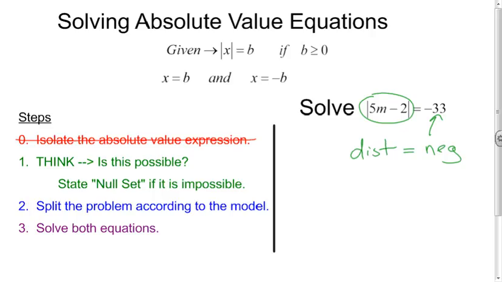And we know that this is false. So quite frankly, m is the null set. There is, in fact, no number that will make that true because I will never get as an output to absolute value a negative number. Now, you could actually get 0. I didn't do an example with that, but there is such a thing as a distance from 0 being 0. It means you're on 0.